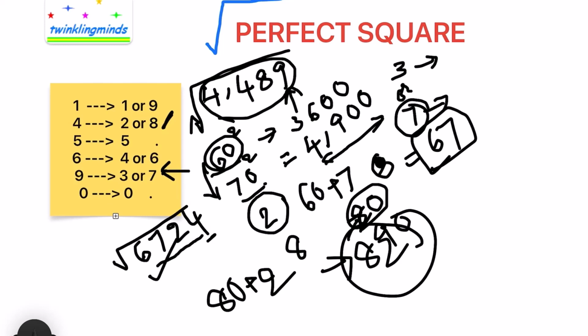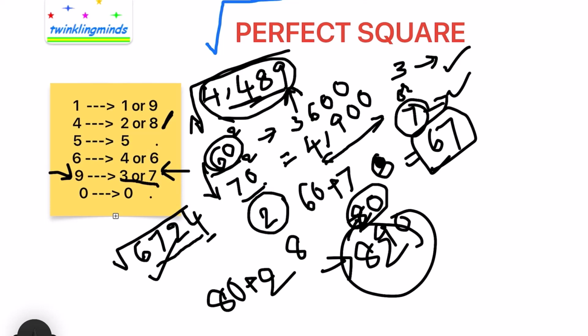All right. So what did we do? First, we considered the units position from this table. We figured out what are the two possible square root values at units position. So here it is either 3 or 7 for 4489.